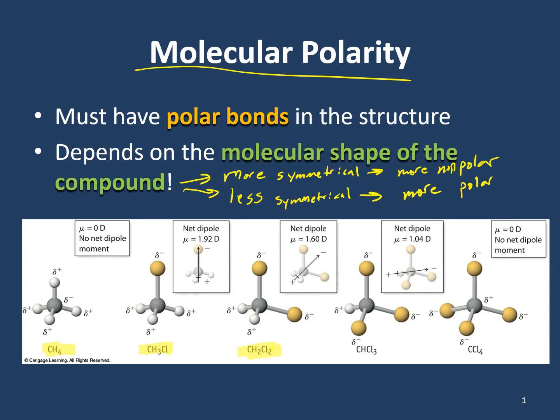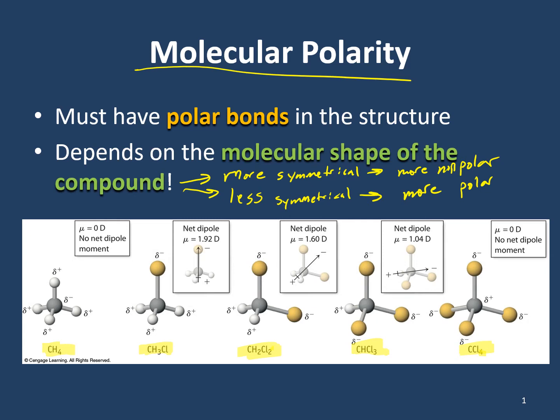So on the very far left, we have a CH4 molecule. Then we have CH3Cl. So we got rid of one hydrogen, we add a Cl. And then this continues until we have 4 Cls all around our carbon. Now, the first thing we have to understand is that in order for a molecule to be polar, it must have a polar covalent bond.